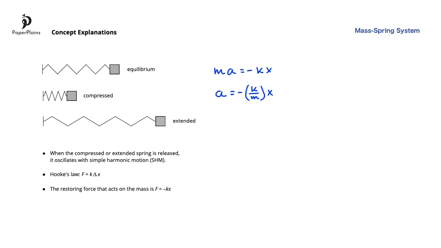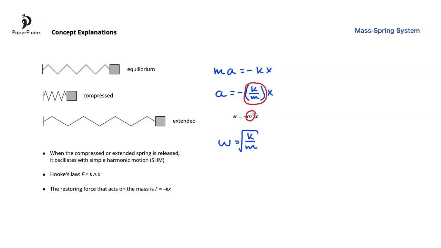In the second video of this subtopic, we learned that a is equal to negative omega squared x, where omega is angular frequency. Comparing this equation with the one above, we can see that k over m is equal to omega squared, and when we equate these two values and take the square root, we get that omega is equal to k over m under the square root.